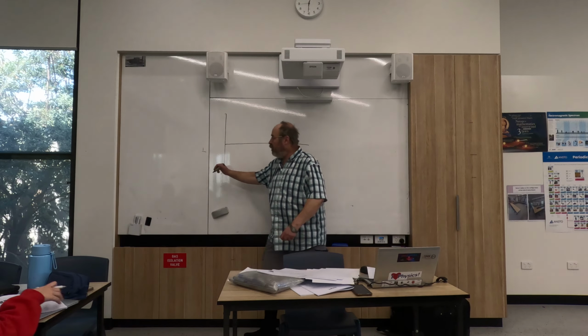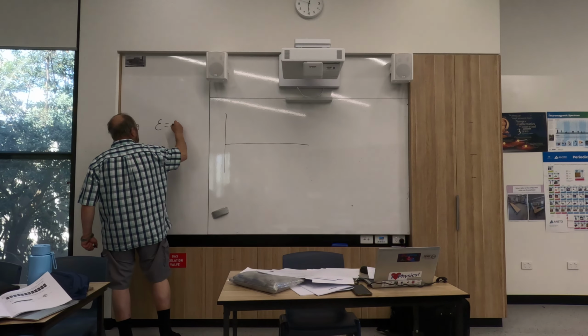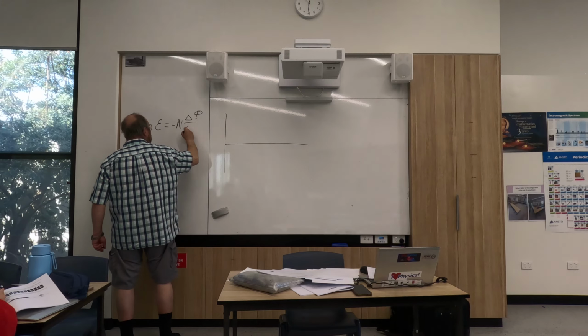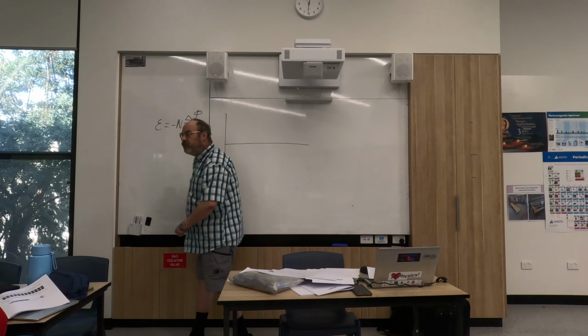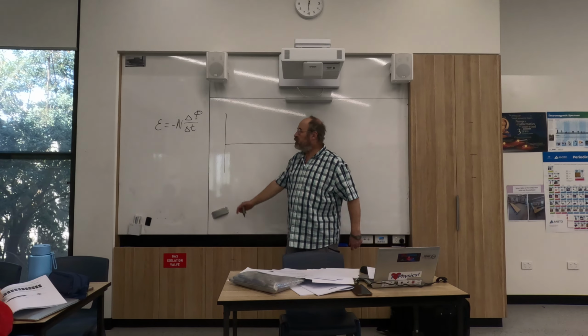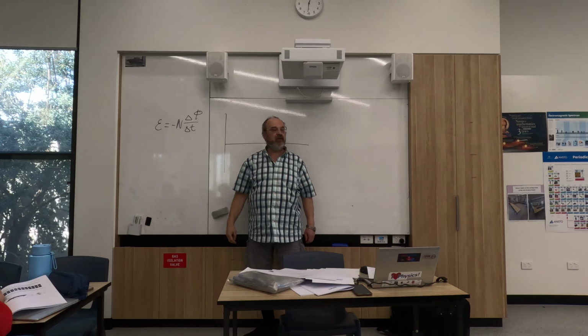First, what happens with the amplitude? We have EMF equal to minus N times the rate of change of the flux over time. If you rotate faster and faster, the rate of change increases, so the amplitude increases.